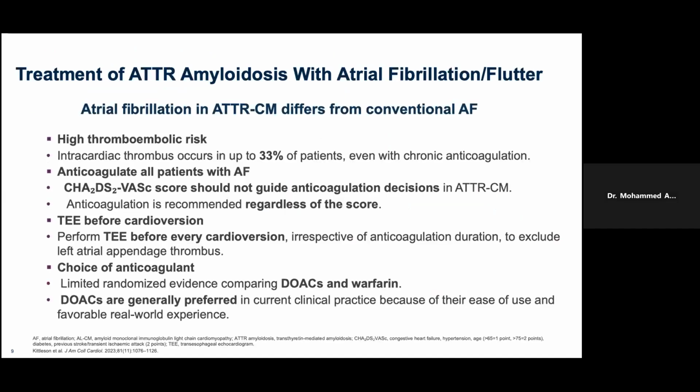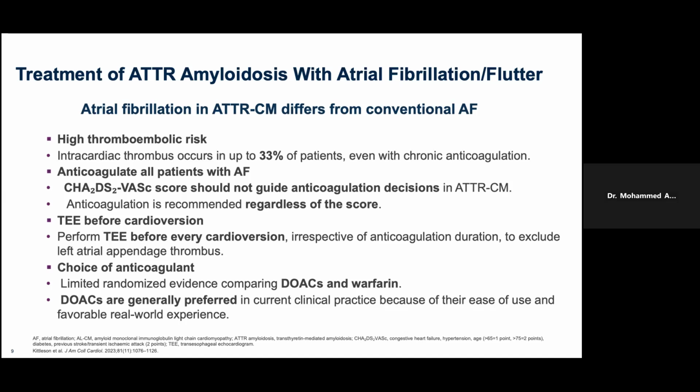Management of ATTR amyloidosis with atrial fibrillation or atrial flutter carries a highly thrombotic risk. Intracardiac thrombus occurs in up to 33% of patients, even with chronic anticoagulation. Anticoagulation should be started in all patients regardless of FAST score. Anticoagulation is a class 1 recommendation in these patients.